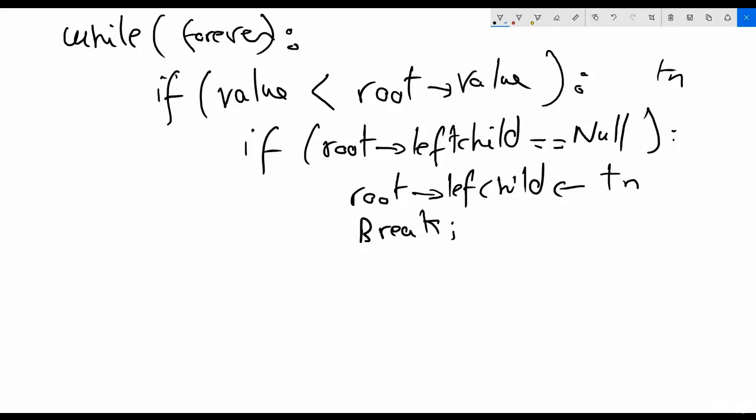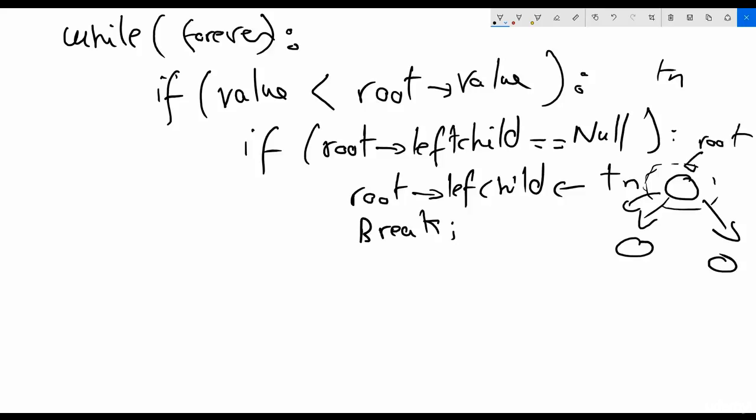Otherwise, if the left child is not empty, it's not an empty spot, then we're just going to look through the left child, the left subtree. Okay? So we wanted to search here, and we know that our element will be added to the left, so we update root not to point to itself anymore, but it'll point to the left child.